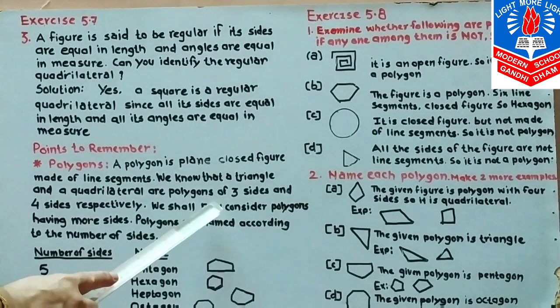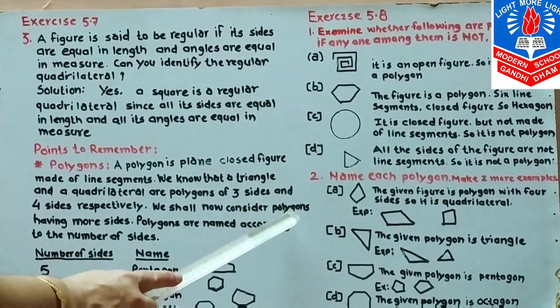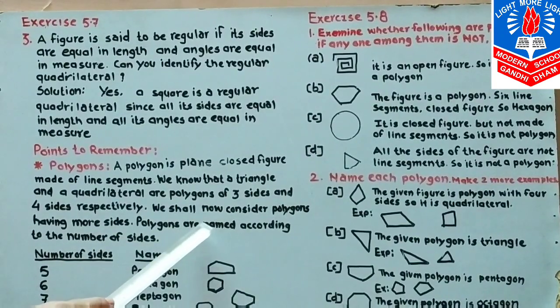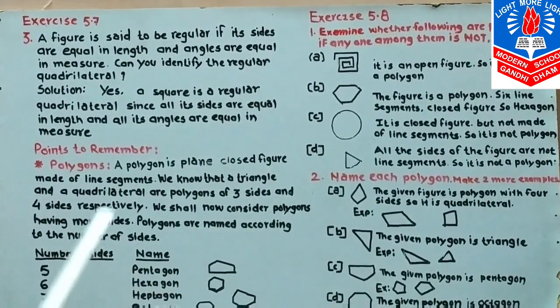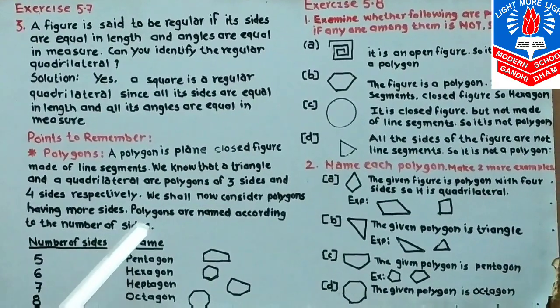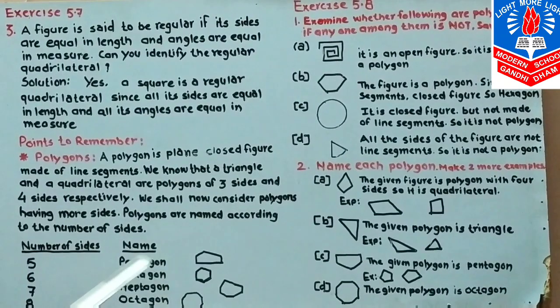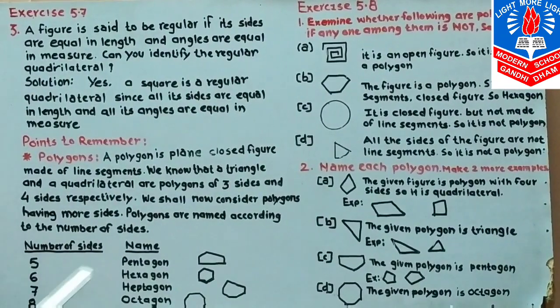We shall now consider polygons having more sides. Polygons are named according to the number of sides. First is the pentagon. A pentagon has 5 sides.